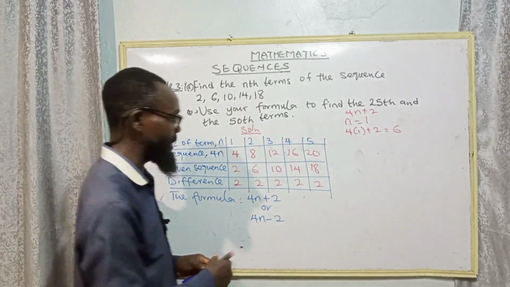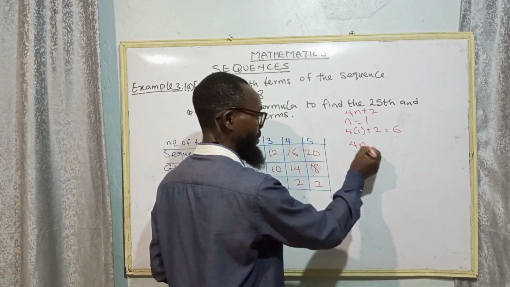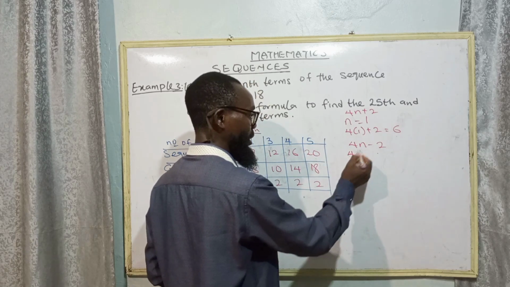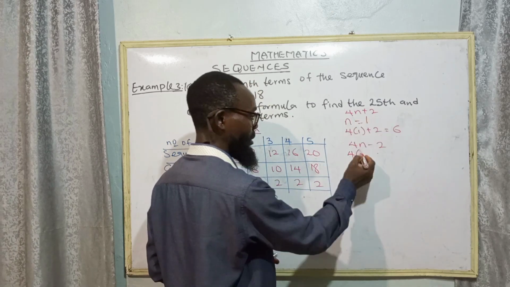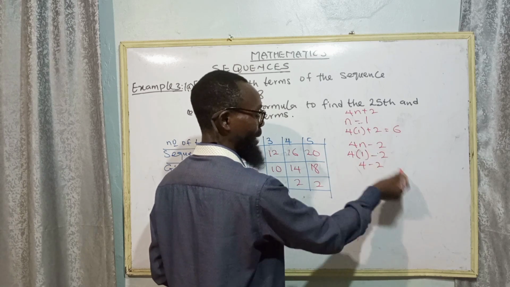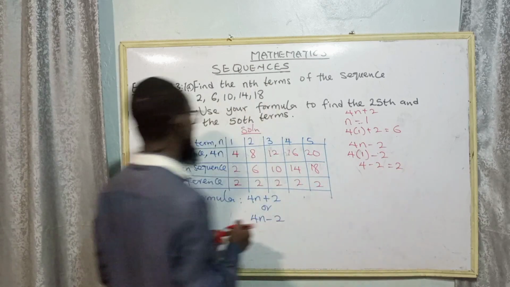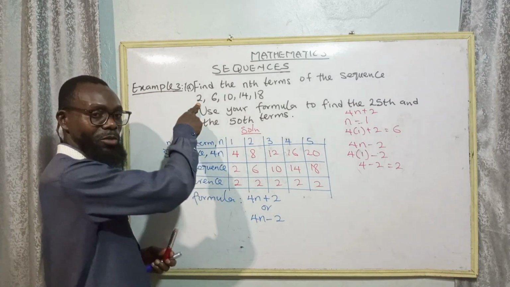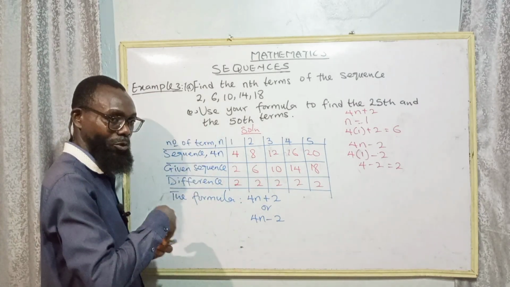Okay, let us test the second one, 4n minus 2. When n is 1, we have 4 times 1 minus 2. 4 times 1 is 4, 4 minus 2 is 2. My first number here is 2. Fine, I'm correct here.